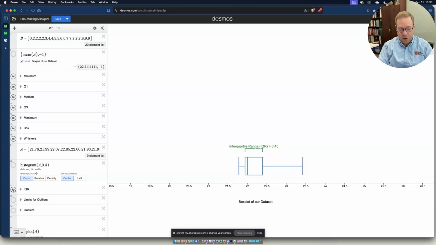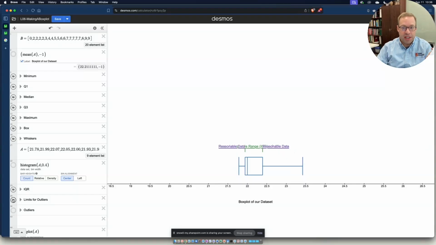Now, if I take 0.45 and I multiply it by 1.5, I get 0.675. Okay, that's how far we can go in either direction. So it's not very far. 0.675, that's less than 1, which means that's about as far as I can go to the left, and that's about as far as I can go to the right.